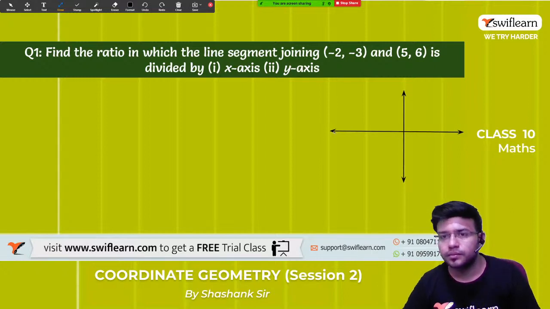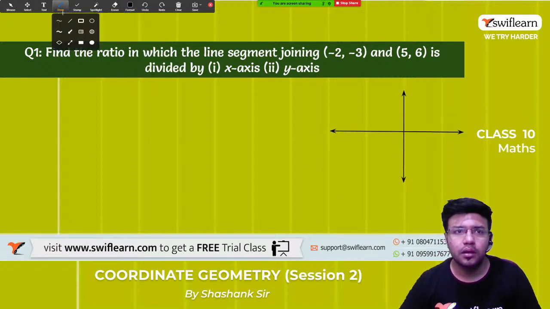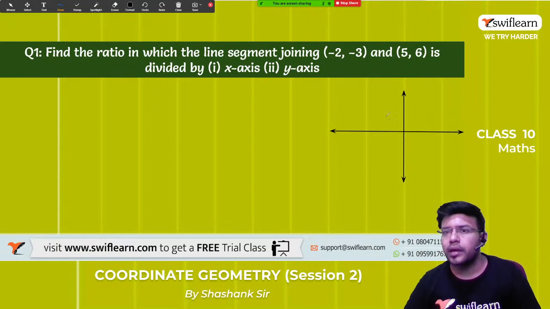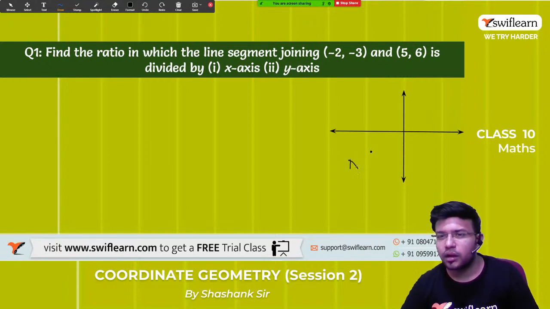Now, plot this, -2, -3. Somewhere here you will get. Okay, let this be point A. And what are the coordinates? -2, -3. Point B, 5, 6. Somewhere here. 5, 6. Okay.